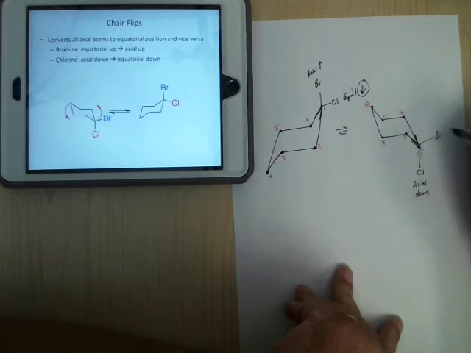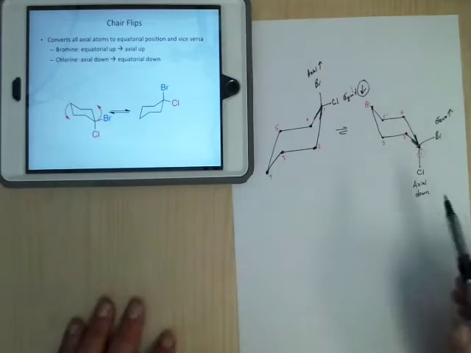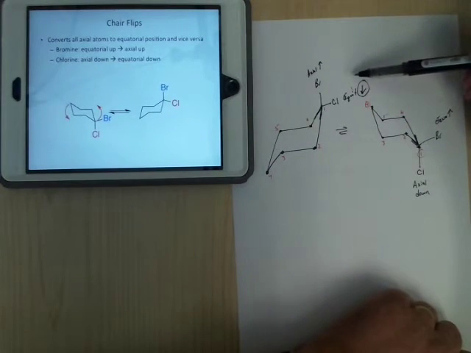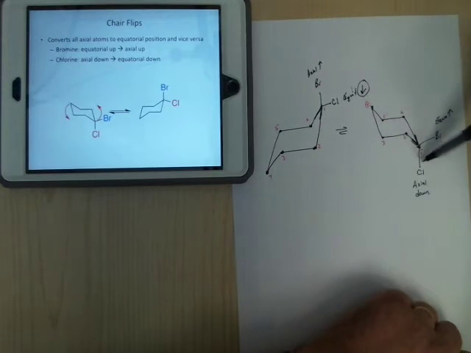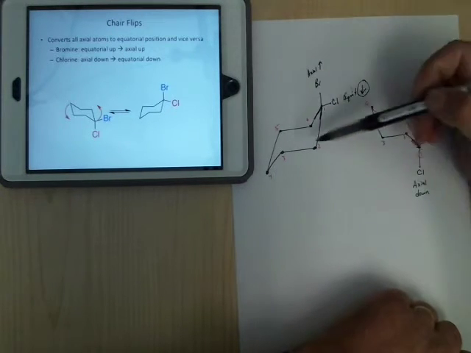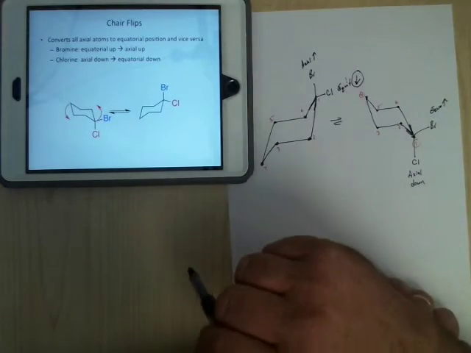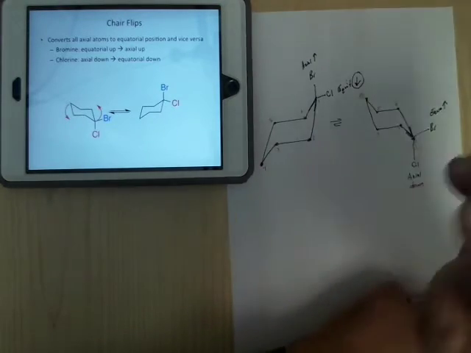So here the bromine is equatorial up. So the ups and downs stay fixed. It's just the axial and equatorial that switch. With the chair flip, all the axials become equatorial, all the equatorials become axial. But the up and down does not change.